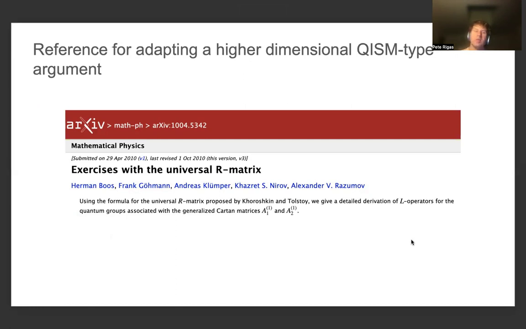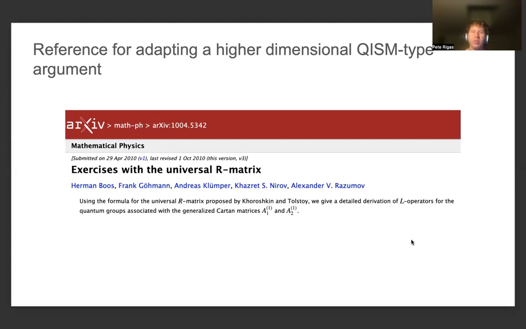And they comment that even though they don't write out all of the other L operators in the family that exists up to Dynkin automorphism, there can be a way to make use of this or to look further into the structure of the current L operators that they write.